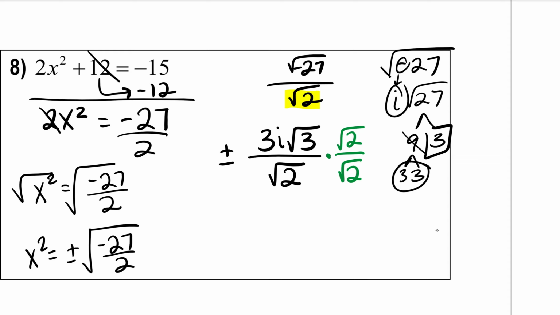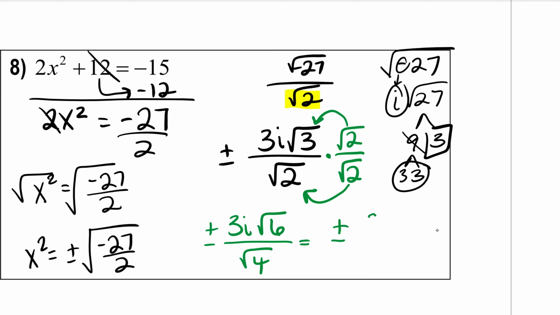So on top, I would just multiply 2 times 3. The bottom would be 2 times 2. So I'd have plus minus 3i square root of 6 over square root of 4. And of course the square root of 4 is 2, so that would change to 3i square root of 6 over 2. And that is my answer.